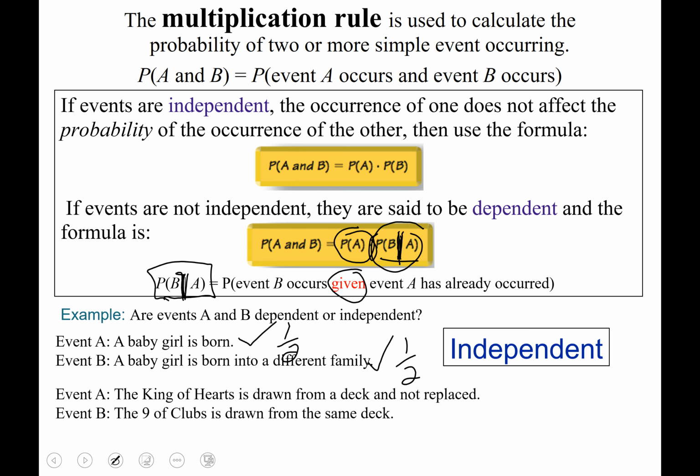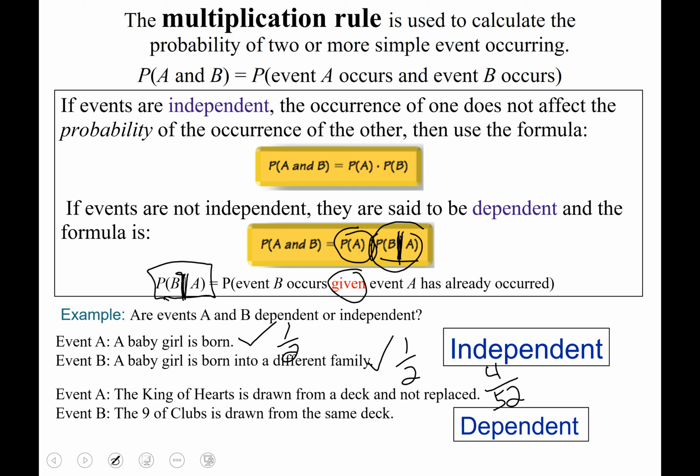Let's try this one. The King of Hearts is drawn from a deck of cards, and it's not put back in the deck. Then a 9 of clubs is drawn from the same deck. Do you think those events are dependent on each other or independent of each other? If you said dependent, you are correct. Once event A occurs, so the King of Hearts is drawn, that was a 4 out of 52 chance of occurring.